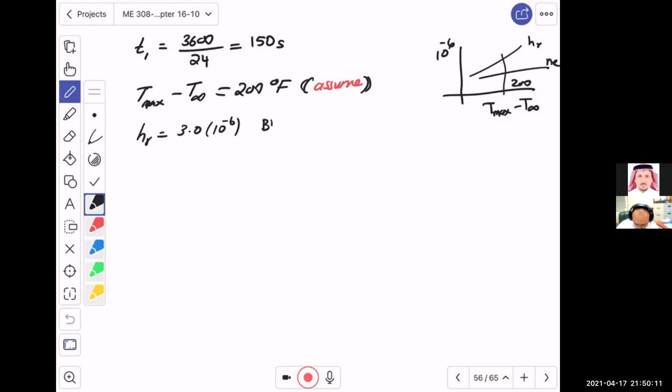It is BTU per inch square second degrees Fahrenheit. What is HC? HC is equal to 2.0 times 10 to the power minus 6, BTU per inch square second degrees Fahrenheit.